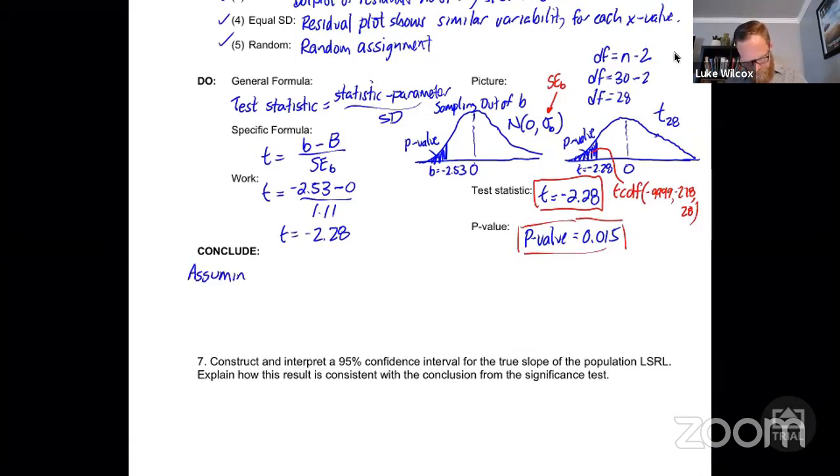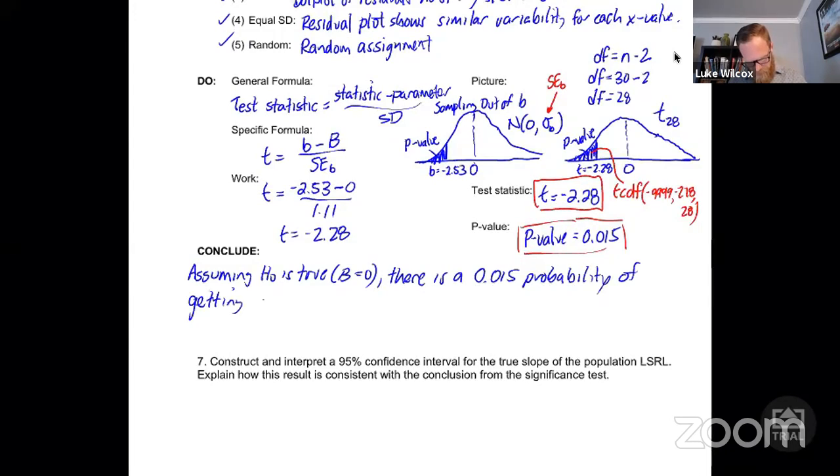Assuming the null is true, in this case, beta is equal to 0, there is a, and then we give our p-value, 0.015 probability of getting a sample slope b of negative 2.53 or lower purely by chance. Right? All I'm doing there is interpreting this p-value.